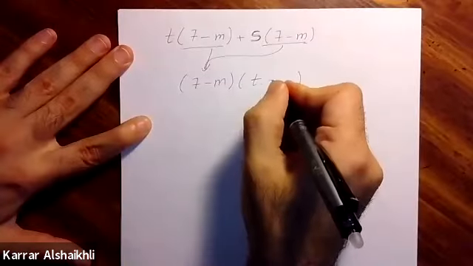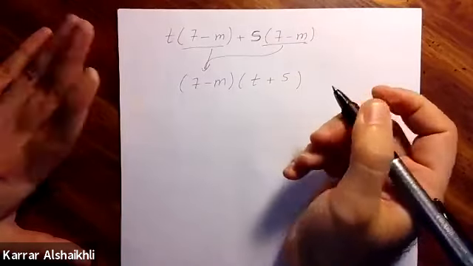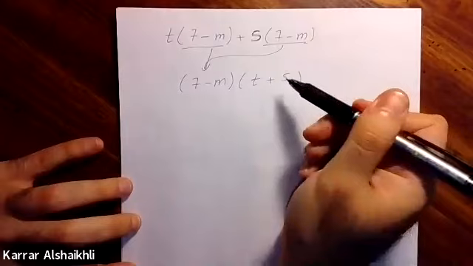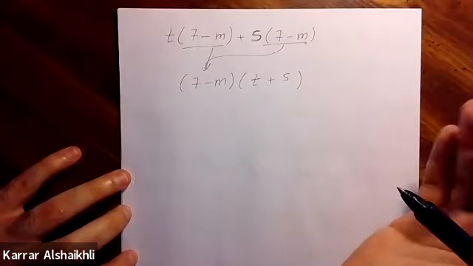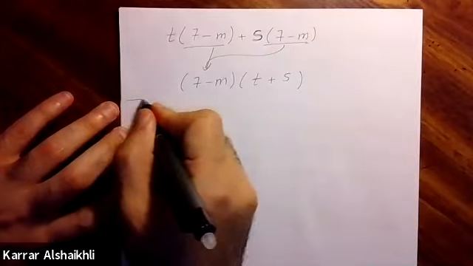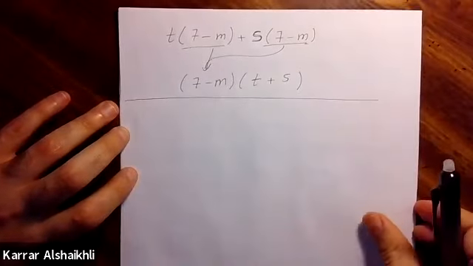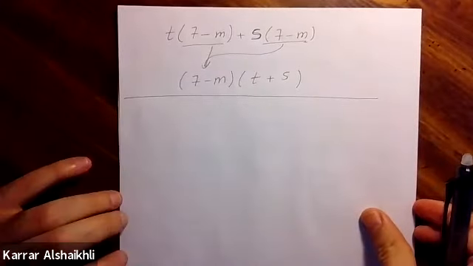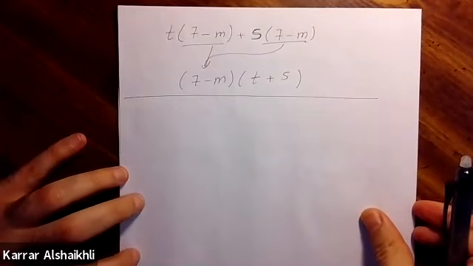The leftover is plus s. Plus 5, it doesn't matter. If you consider this one a 5, you're going to write down 5. It doesn't matter. That's when you know what you're doing. So if it's s, s; if it's 5, 5. That's it. This is for this example. We're going to use these steps when we start factoring by grouping.